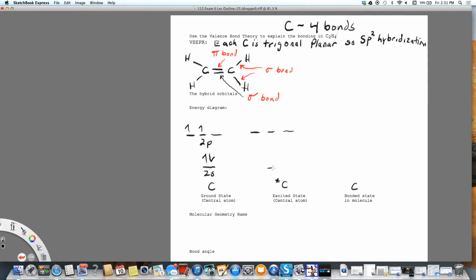We're going to need to promote one of these electrons up to the 2p. So he's going to get promoted right up here. And of course, this requires energy.